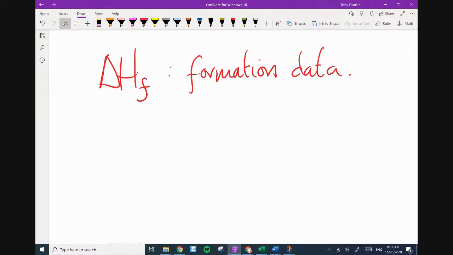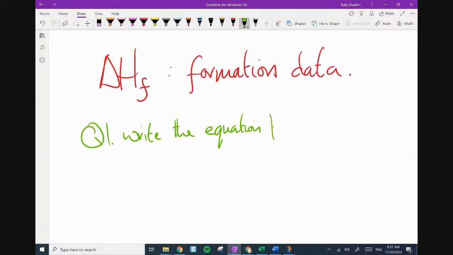Let's do an example. Guys, I'm going to give you a question, so just have a go at this one. Question number 1. Can you write the equation for the delta HF of water?